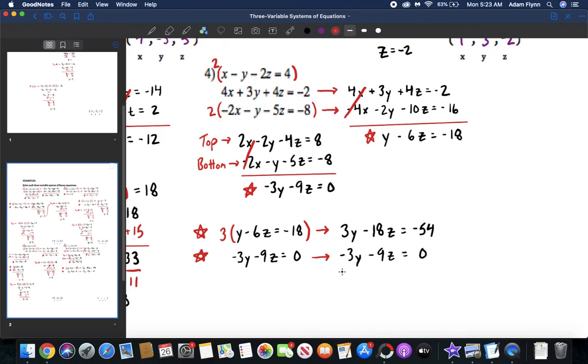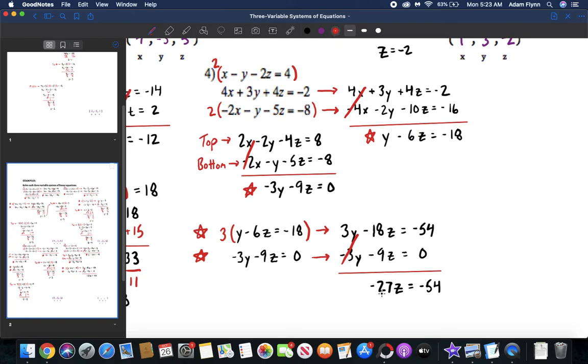I will combine these two equations, eliminating my y. Negative 18z minus 9z is going to be a negative 27z. And negative 54 plus 0 is going to be negative 54.